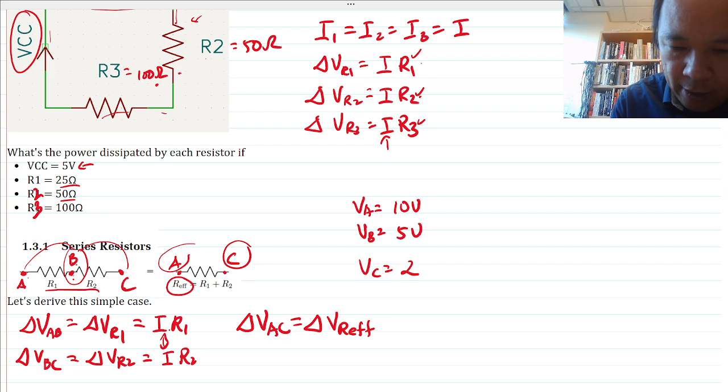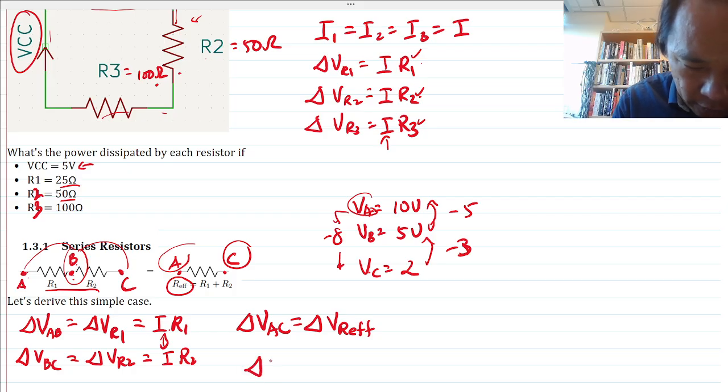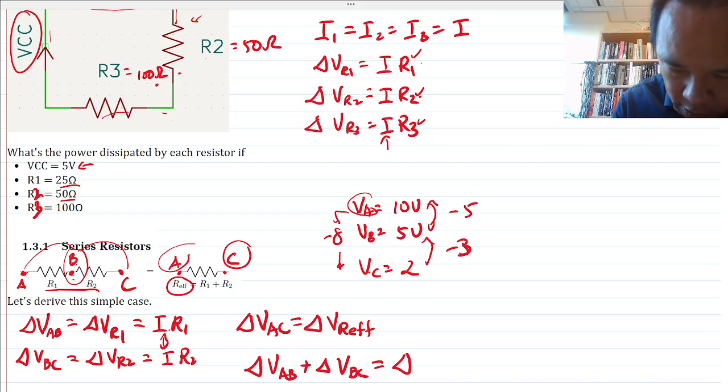So the jump from A to B is -5. Jump from B to C is -3. But the jump from A to C directly is -8. So hopefully that makes sense, where the change in voltage from A to B plus the change in voltage from B to C is the same thing as the change in voltage directly from A to C.